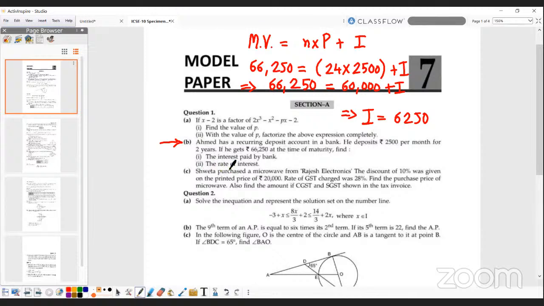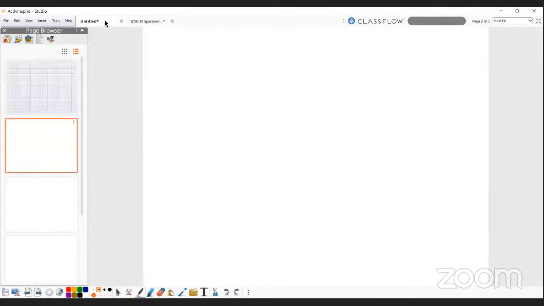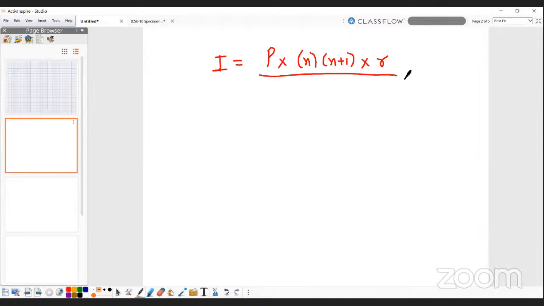Next, rate of interest. We know that interest is given as P into n into n plus 1 into R upon 2 into 12 into 100, right?